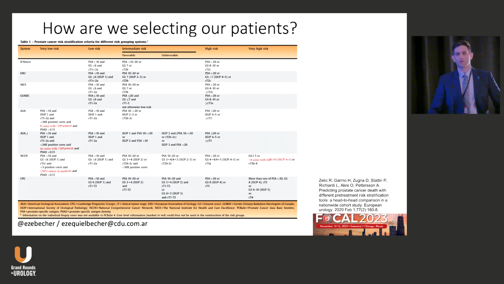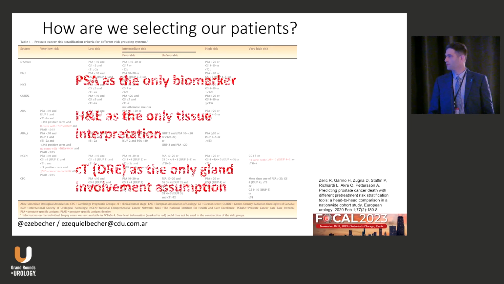So how are we selecting our patients nowadays? We've been talking about risk stratification. Here is a summary of the most utilized risk stratification tools: D'Amico, the European guidelines, the NICE guidelines, the AUA, and NCCN. Even if there are some differences between them, the reality is that all of them use PSA as the only biomarker.